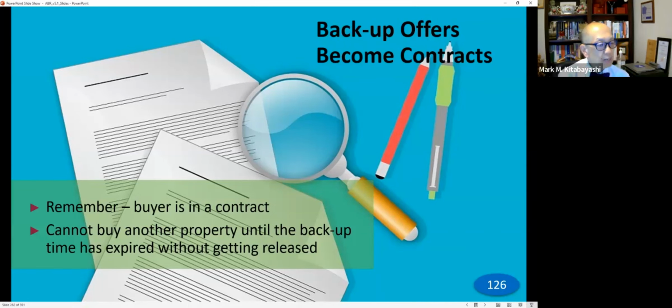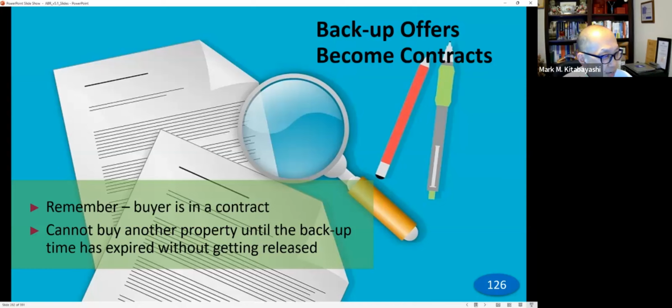If somebody really likes the house and really wants it, they might want to be in a backup position so that, instead of the house going back on the market, they automatically become the buyer. Usually with a backup offer, you can always back out before you become an actual buyer. So it might be a good idea, but some sellers don't want a backup, though you can always ask.